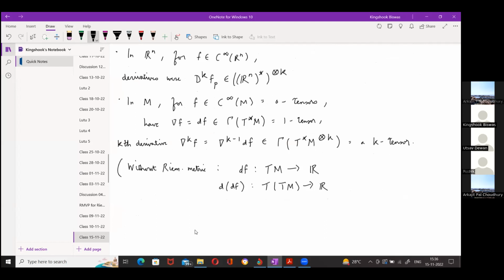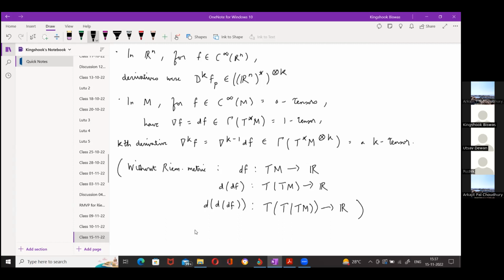Then the third derivative would be a horrible object. It would live on the tangent to the tangent to the tangent bundle. So these would live on very complicated spaces. You're basically taking iterated tangent spaces. So that's much more complicated.